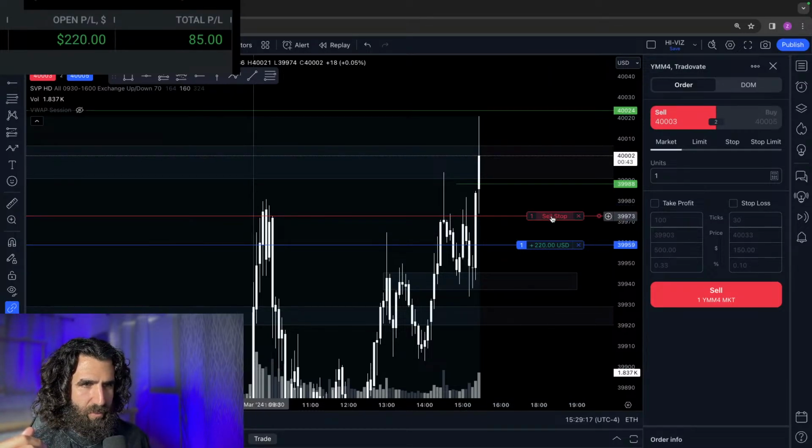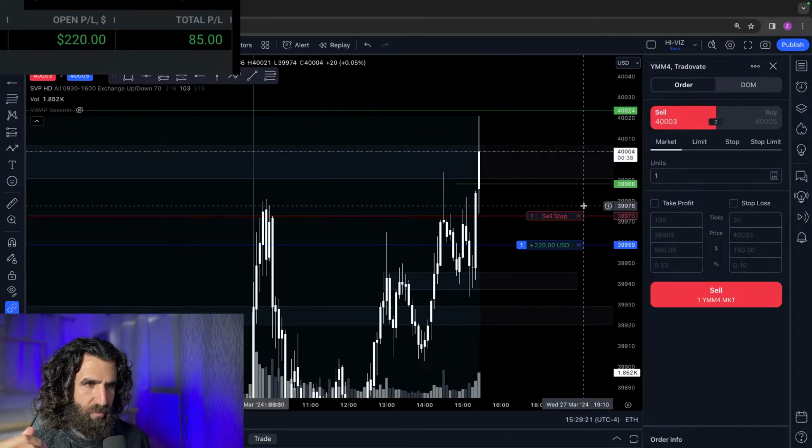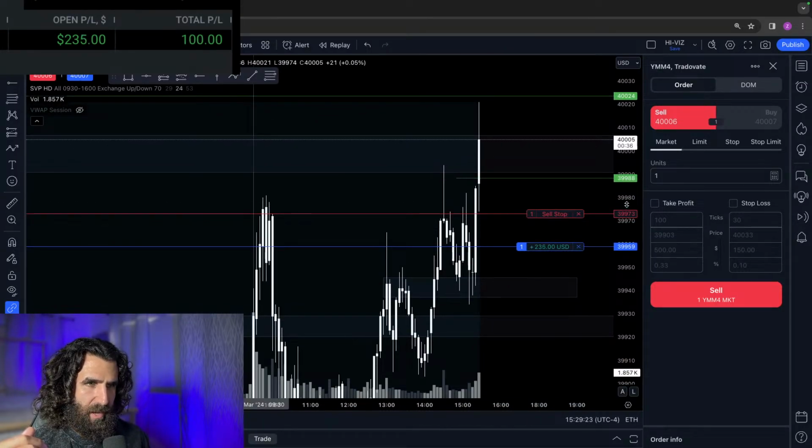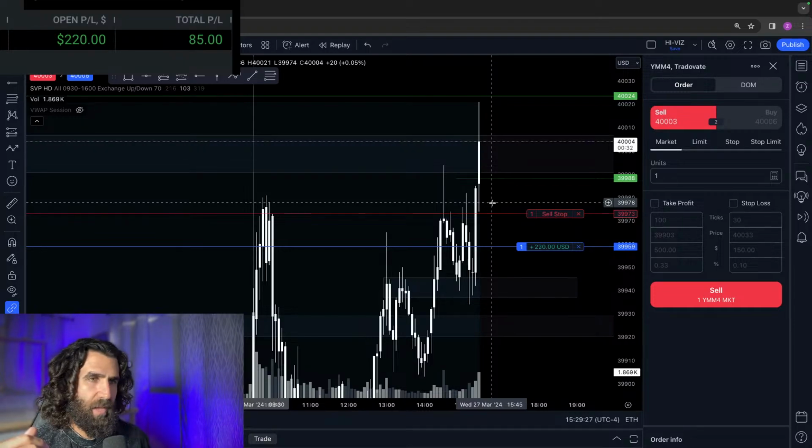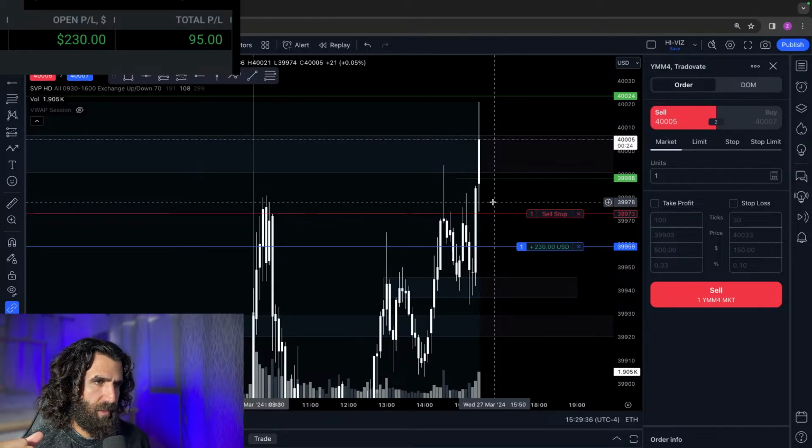I'm probably going to just close this one if we start to get the real big retracement down. But this is a lot of buying pressure coming right into the last half hour of NYSE open. NYSE close. So let's see, about 20 seconds left on this candle.